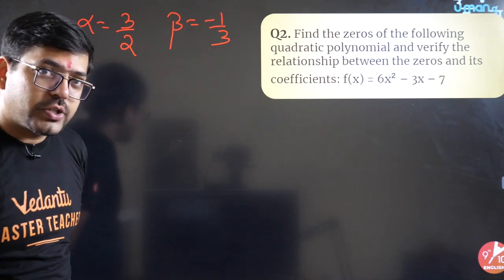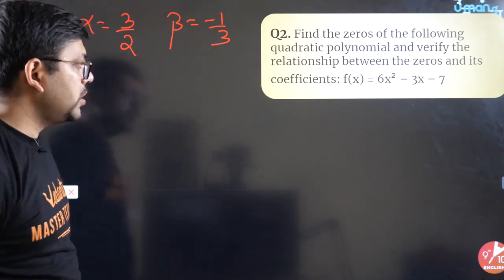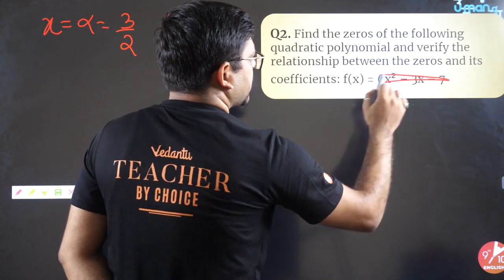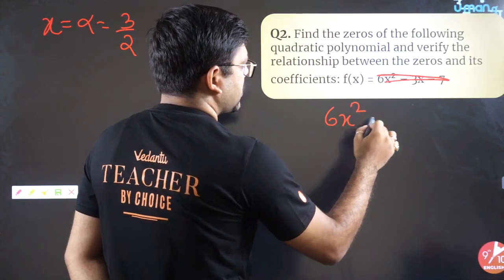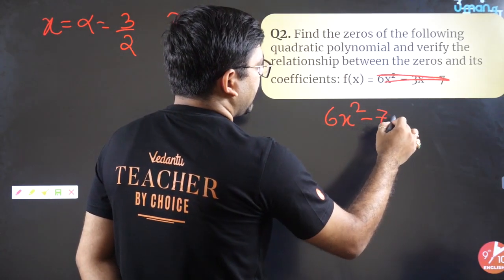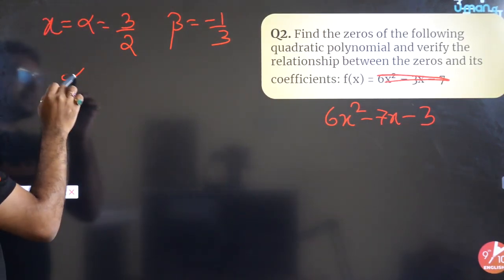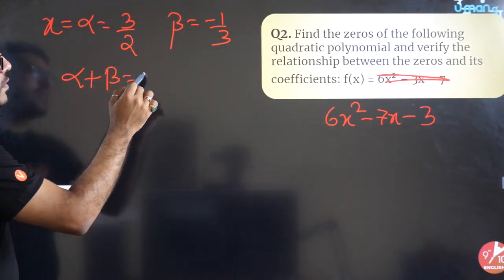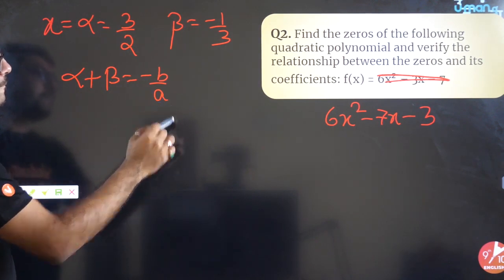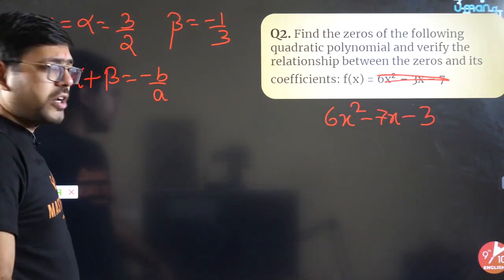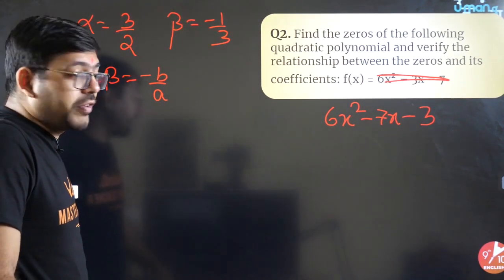We have to verify the relation. We know the relation. What is that relation? So first of all, this is a wrong expression. This is actually 6x square minus 7x minus 3. So the relation says that alpha plus beta is equal to minus b upon a. In that relation, alpha and beta are known to you. You have to find a and b.